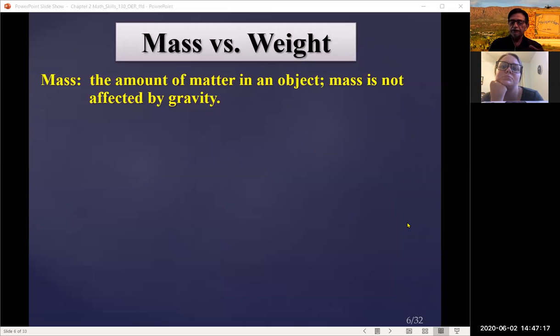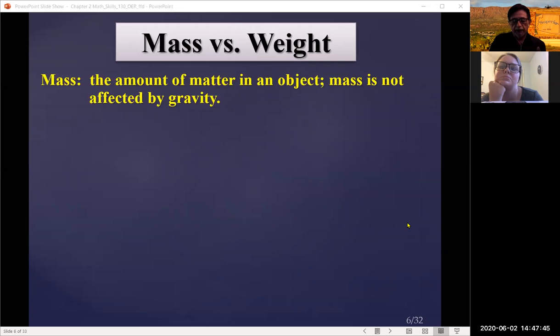Now, how do we differ between mass and weight? Is there a difference? Well, yes, there is. But we're stuck on the Earth, and we kind of interchange the terms mass and weight, because mass is simply a measure of all the matter in an object. Whereas weight is a function of gravitational force.